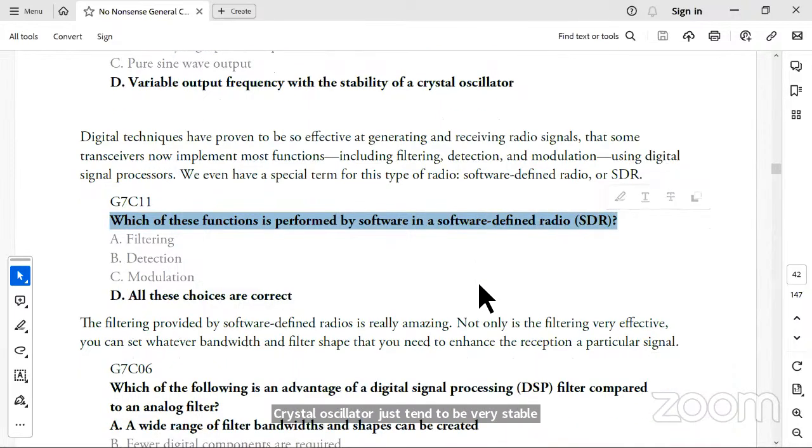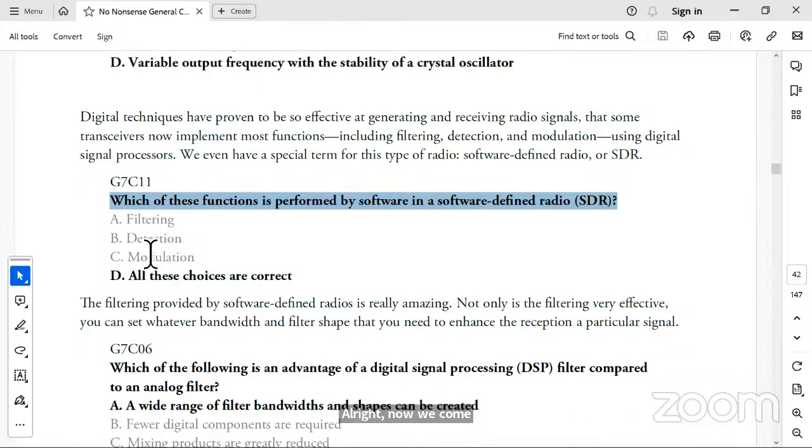All right. Now we come to next question in question pool. Which of these functions is performed by software in a software-defined radio? Okay, let's dissect this question. What are they asking us? They're asking us for the functions. Functions of what? Software. In other words, what's the purpose of software in software-defined radios, or SDR? What does the software do, or what can it do?